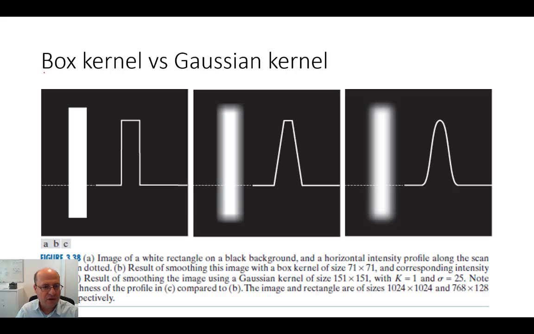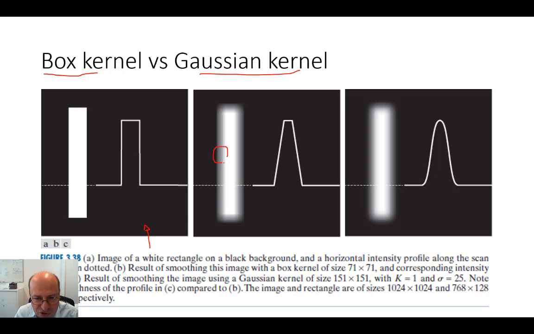This is what I've just said, comparing a box kernel with a Gaussian kernel. This is the original image. Applying a box kernel, you see that the signal in the end is this kind of trapezoidal, and again, it depends on what you want.